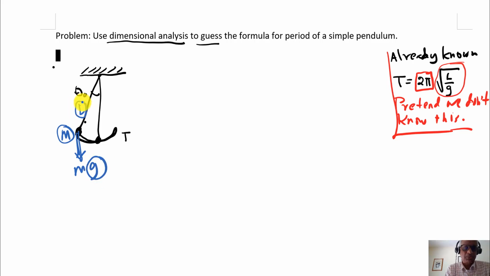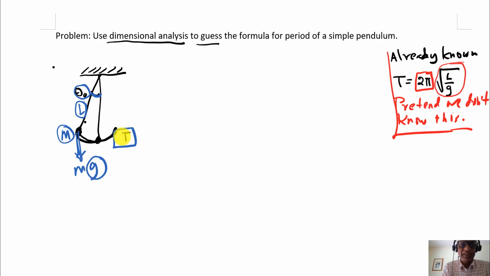So these are things we identify. Well, what else? There's the angle of initial suspension, so it might depend on that also.